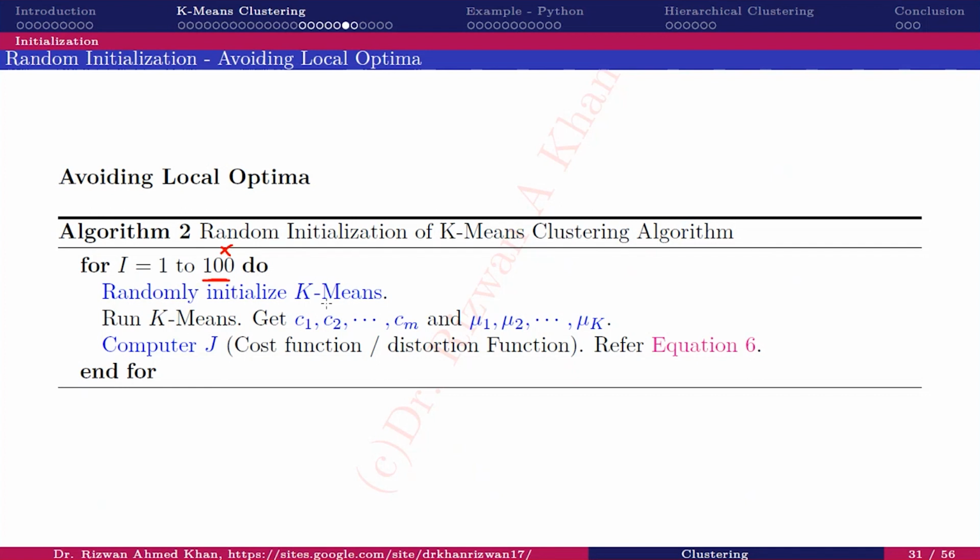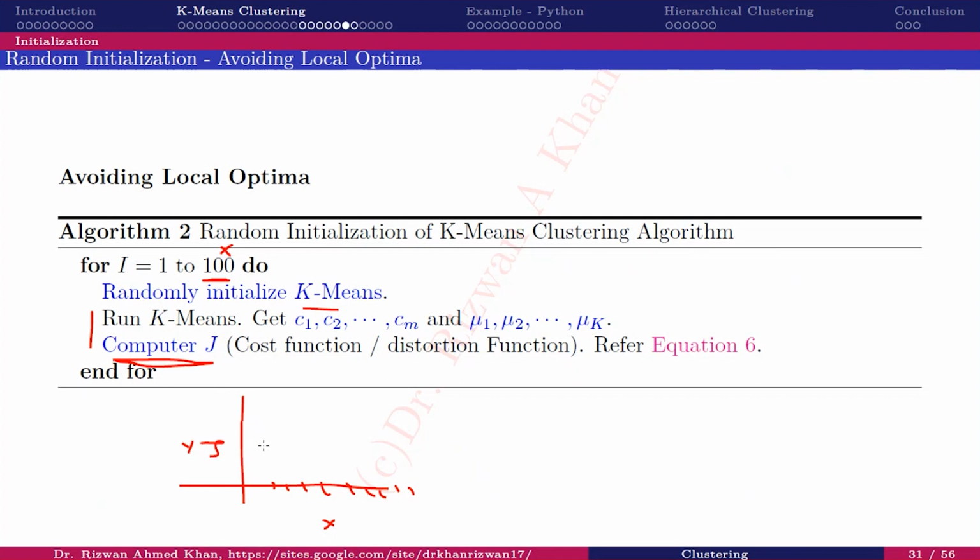So you randomly initialize K-means, you run it, and you compute the distortion function. You keep on running. These are the different runs on the x-axis, and on the y-axis the value of J, and you find the value of J that is best, right? And you just keep those settings.